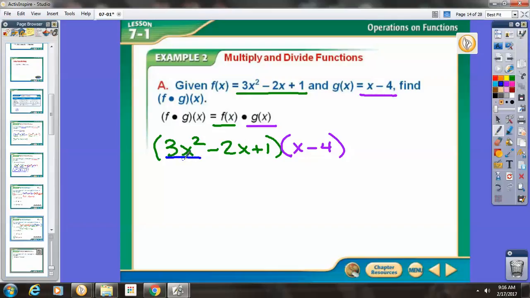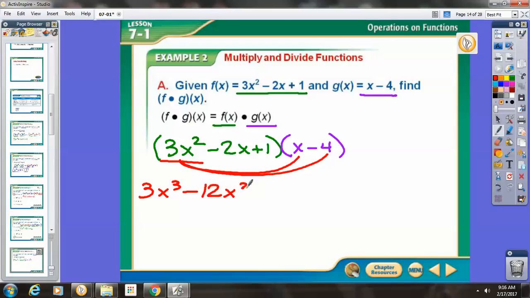Starting with 3x squared. 3x squared times x is 3x to the third power. 3x squared times negative 4 is negative 12x squared. Let's go to negative 2x next.